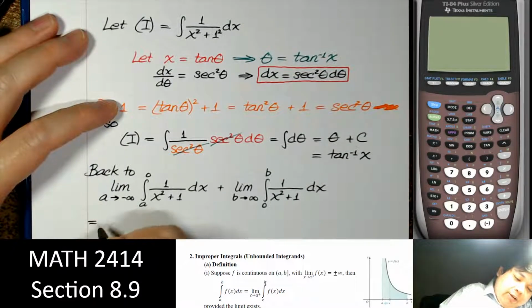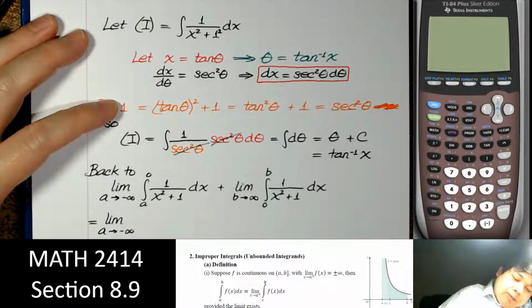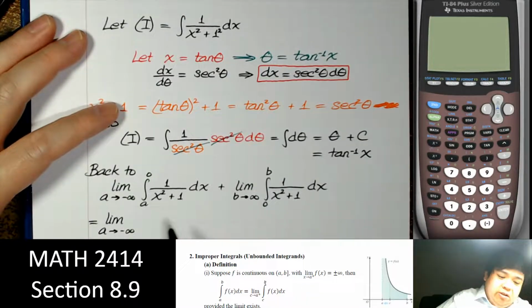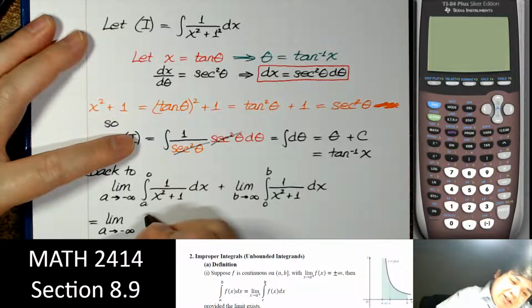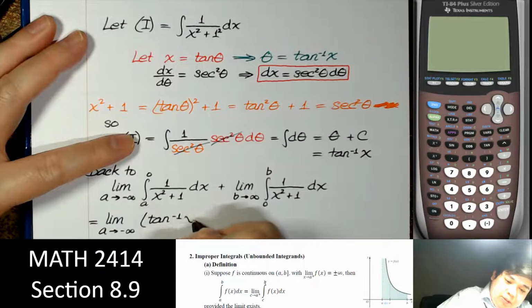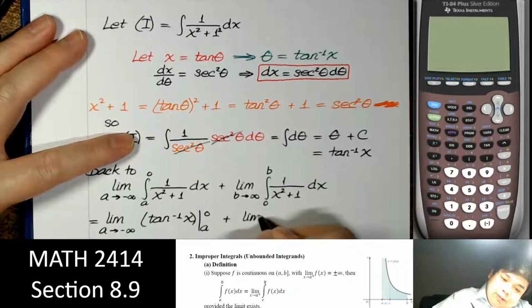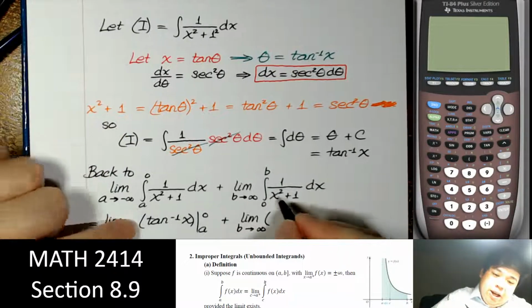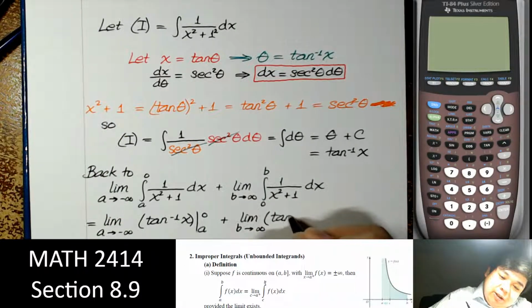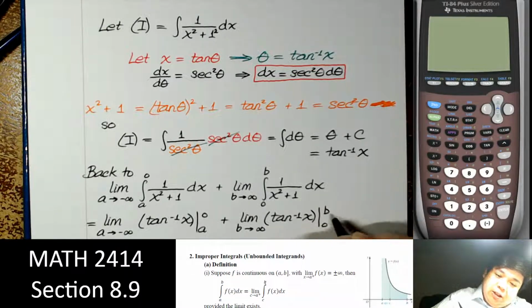So here we just have that equal to the limit as a goes to negative infinity of tangent inverse of x going from a to 0, and that tangent inverse of x going from 0 to b.